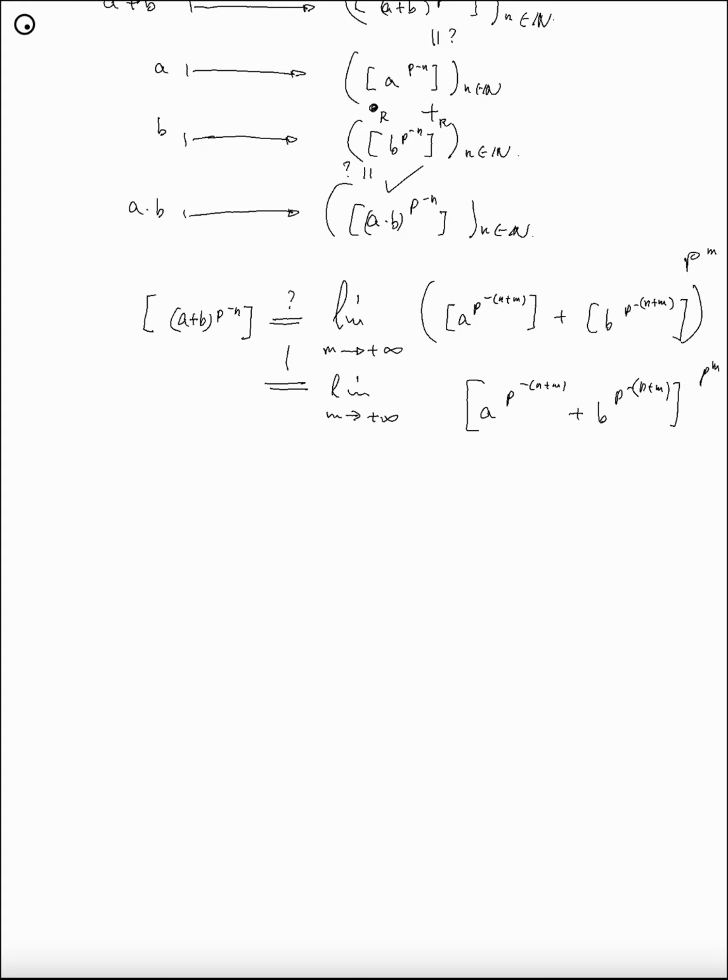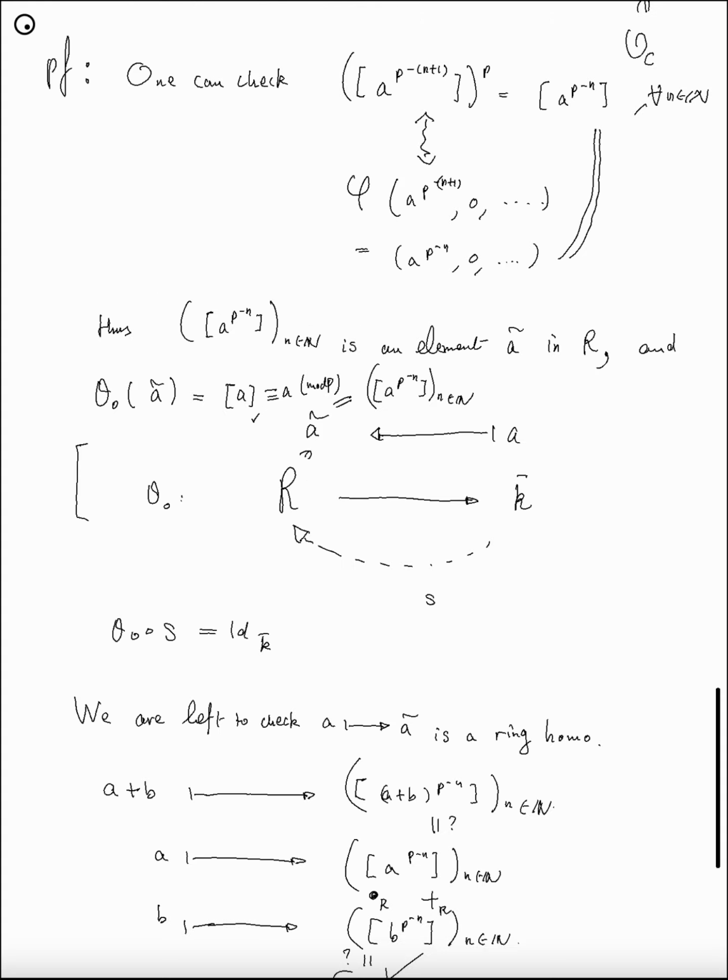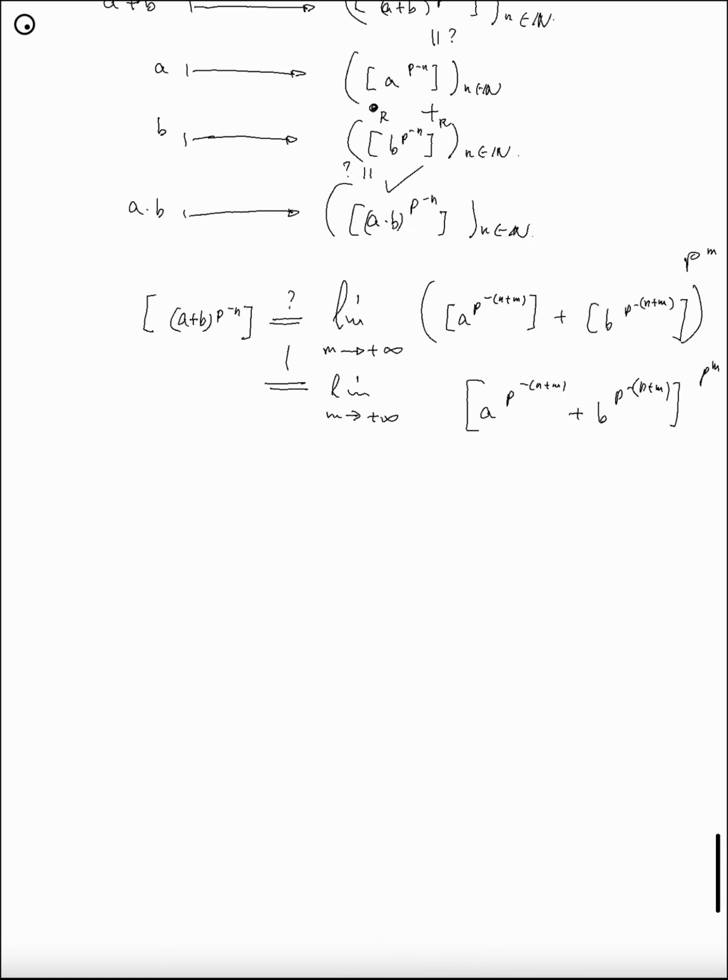A and B are of characteristic p. And so it's the same as the limit as m goes to plus infinity of a plus b to the power p to the minus n plus m, and then raising to p to the power m, then it's just a plus b to the power p to the minus n.